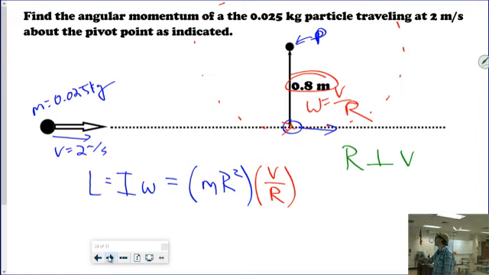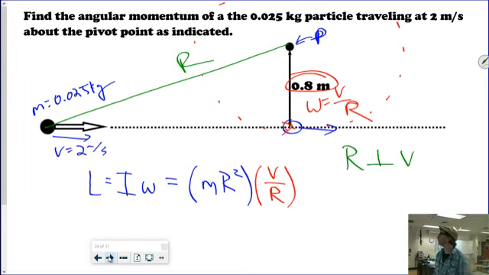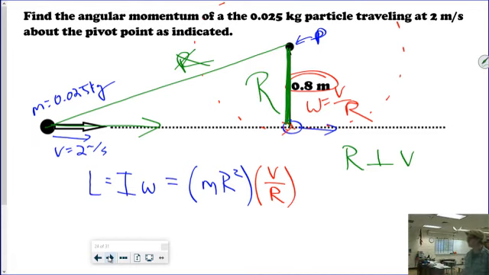The reasoning has to do with the fact that there's a cross product hidden in here and math stuff happens. Some of you are looking at this and going, wait a minute, isn't this the radius? And the answer is no. We want the component of the radius that's perpendicular to the velocity. Since my velocity is horizontal, my radius has to be measured vertically. So that's my radius. I will give you a visual of why that's true in just a second.